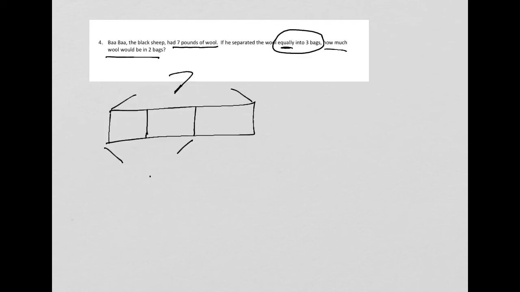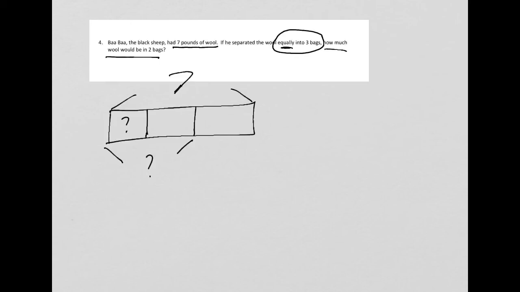So I'm going to draw this out. I have a total of 7 pounds of wool, and I'm sharing it in 3 bags. So I'm going to split this into thirds. And they want to know how much is in 2 bags. So I'm going to look at 2 pieces. Well, to figure out what's in 2 bags, I need to figure out what's in 1 bag.